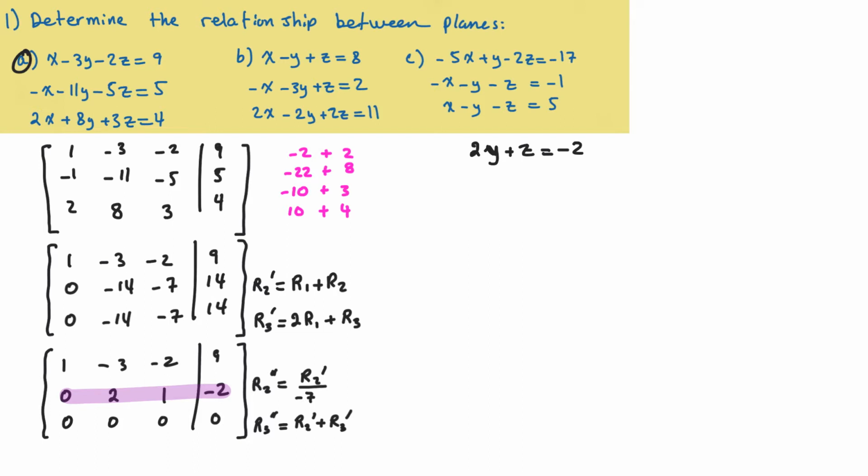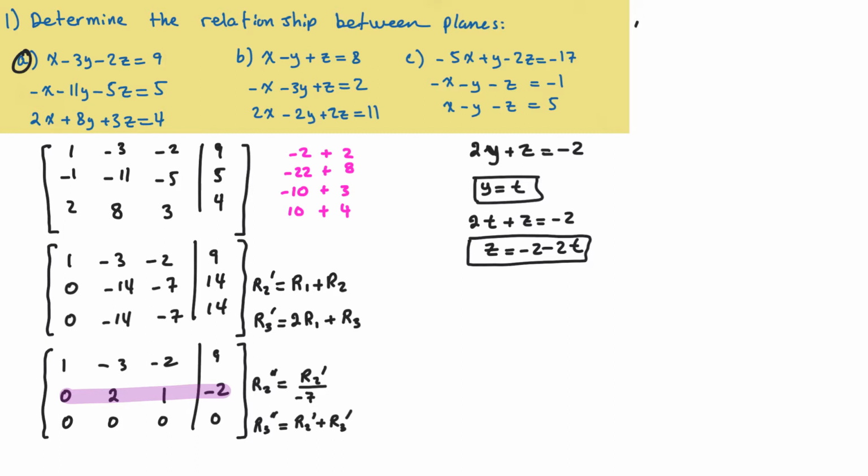It doesn't really matter which one we let be t in this case. I will let y equal t, and then we will have 2 times t plus z is equal to -2, and that would mean that z is equal to -2 minus 2t. Now we have a relationship between y and z in parametric form with respect to t.